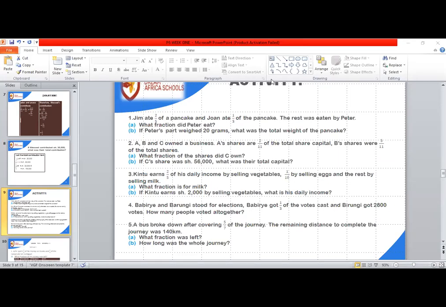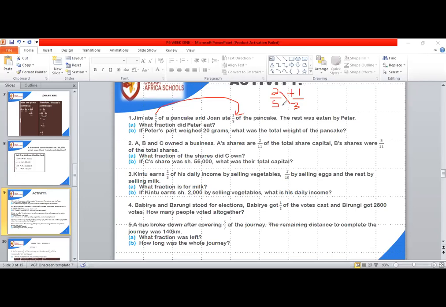Like I was trying to show you, that means we shall first get the total fraction of Joan and Jean. If you get the total sum of the fraction, that will be 2 out of 5 plus 1 out of 3. You realize that the denominators are not the same. So what will be the solution?